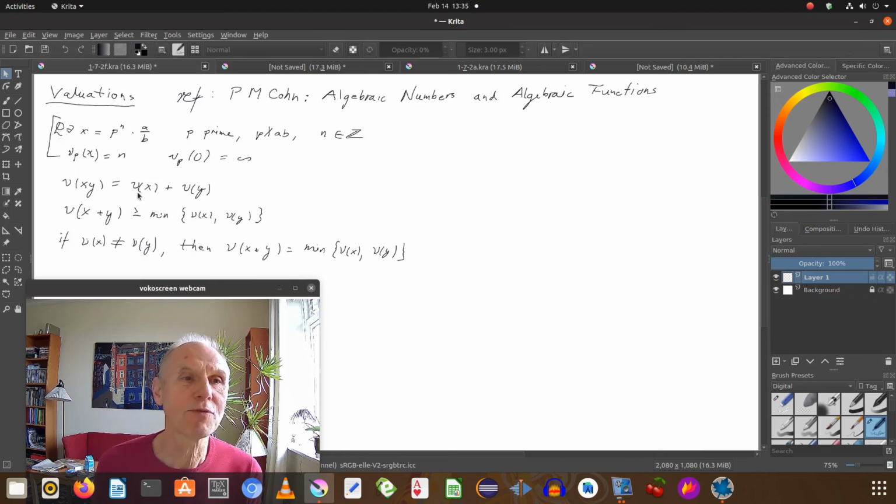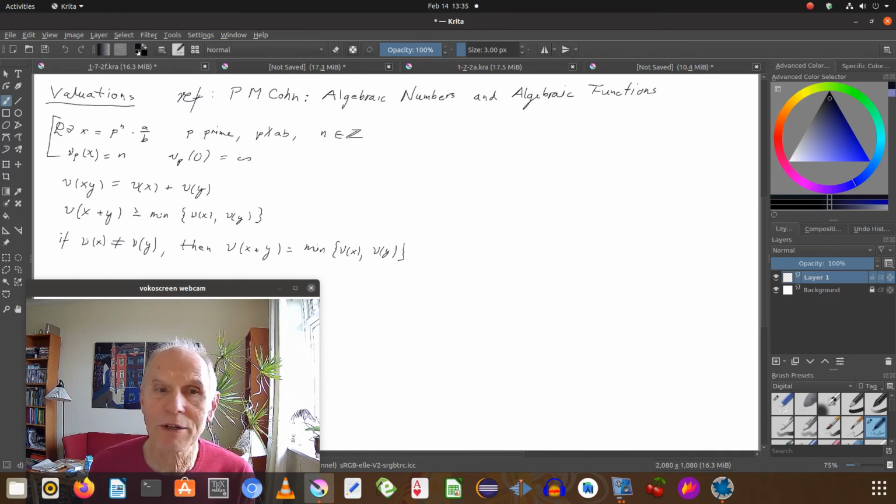It's the sum of two squares. And it's only if they have the same valuation. So we write x equals 2 to the n a divided by b, and y equals 2 to the n c divided by d.